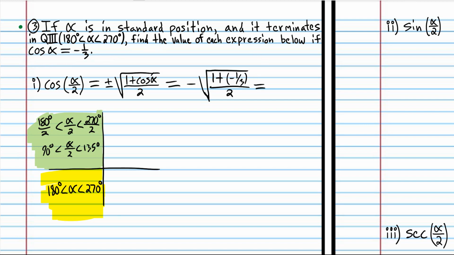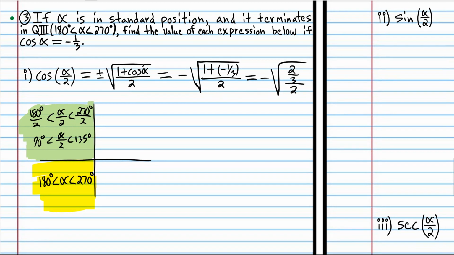Again, these half angle formulas give us a relation between the single angle function and the half angle function. So 1 plus negative 1/3 is 2/3. And we simplify that, we get 2 over 6, which is 1/3.